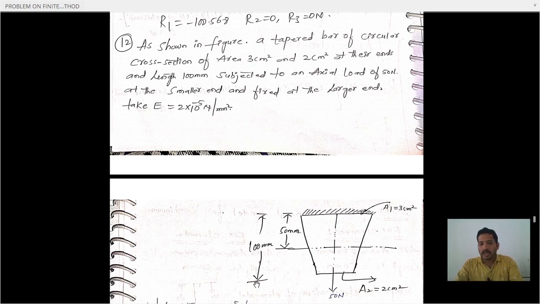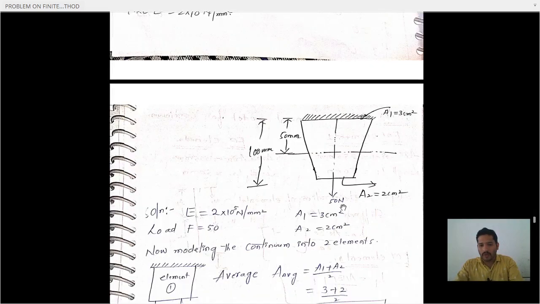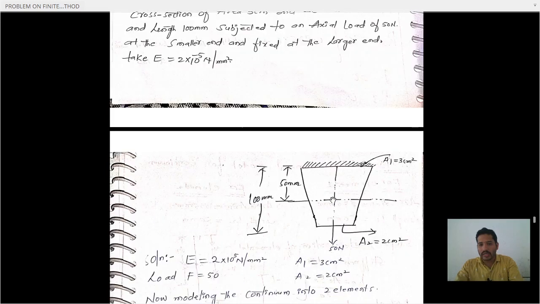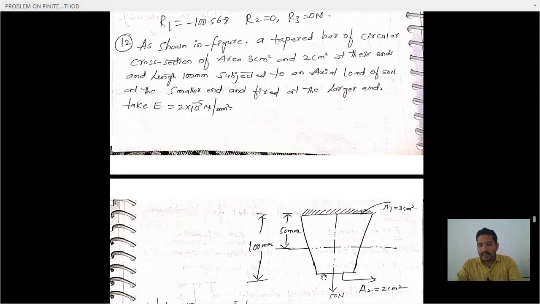It is subjected to an axial load of how much? 50 Newton is acting at the smaller end of the taper bar, and it is fixed at the larger end. So this means that the larger end of the taper bar is rigidly fixed and the tensile load is acting at the smaller end.